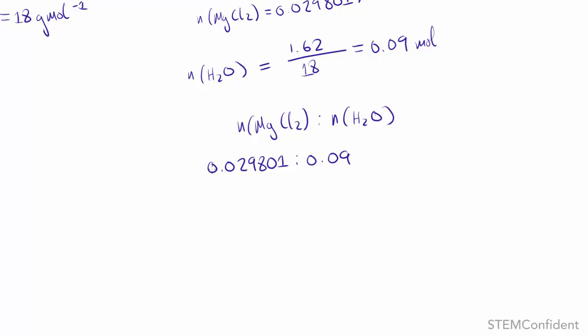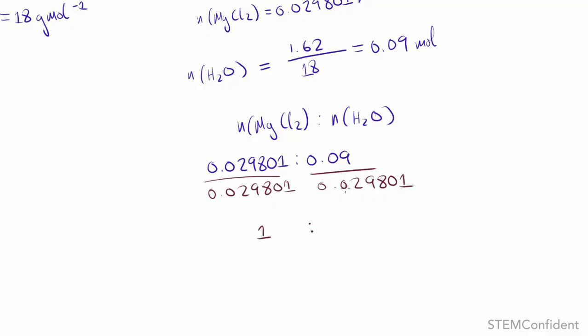And obviously the fastest way we can do that is divide it by itself, so we can divide that by 0.029801. And now because this is a ratio, what we do to the left hand side, we also need to do to the right hand side. So we're going to also divide this side by the same thing, 0.029801. If you work that out, of course, this side is going to get to 1.